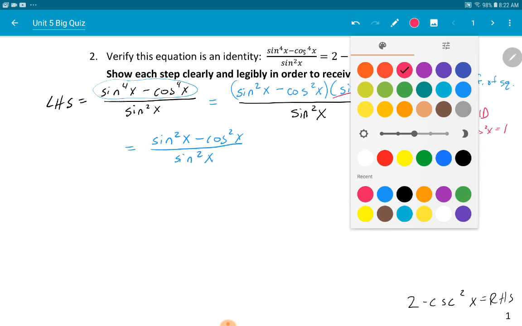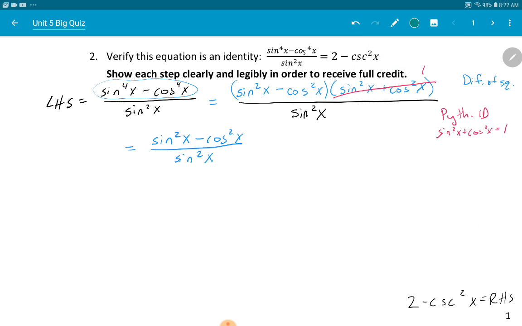Okay, so what can we do? I can decompose this fraction. There's not much else I can do with the numerator. Maybe this double angle identity. But I think our best route is to split this up, so I can do some multiplication with that common denominator of sine squared x. So I'm going to split up that numerator, kind of undoing a subtraction problem.